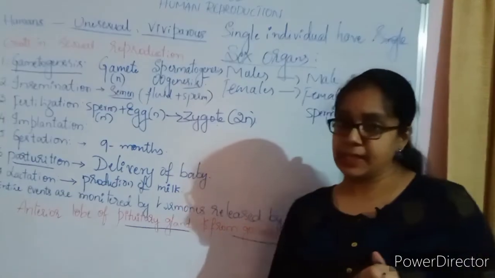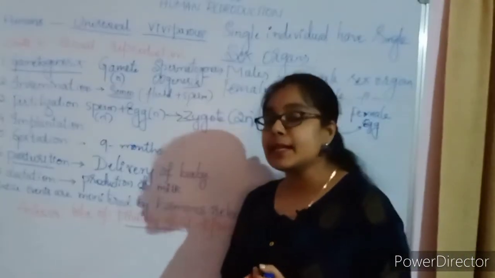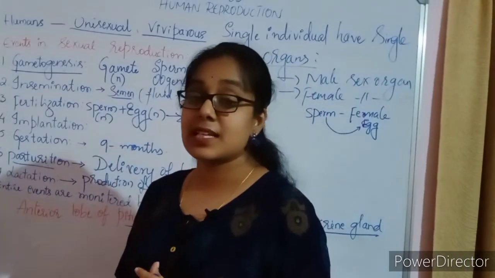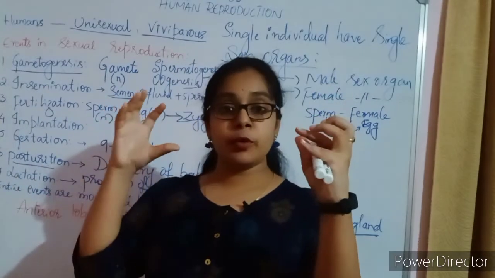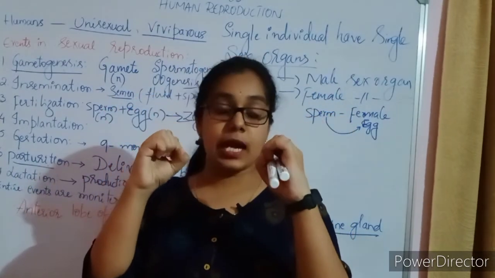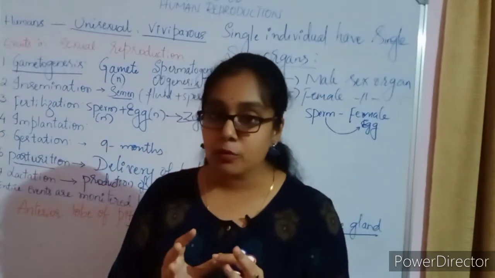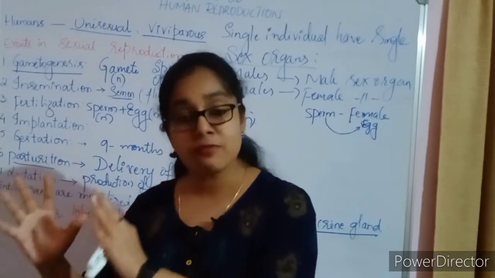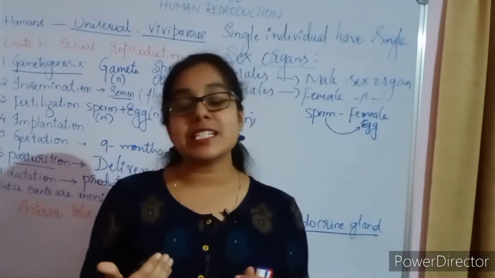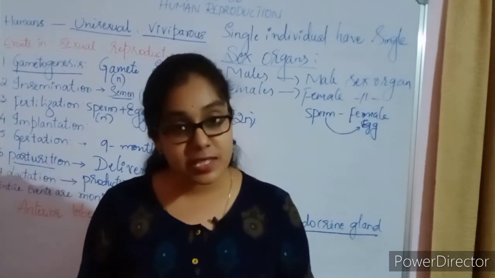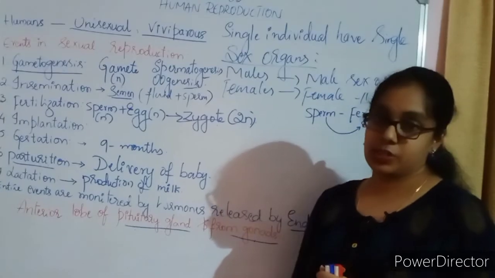Coming to the pituitary gland, it has two lobes: the anterior pituitary gland and the posterior pituitary gland. Both secrete hormones. Understood? These hormones monitor the events of sexual reproduction, and hormones secreted by the gonads also monitor these events.